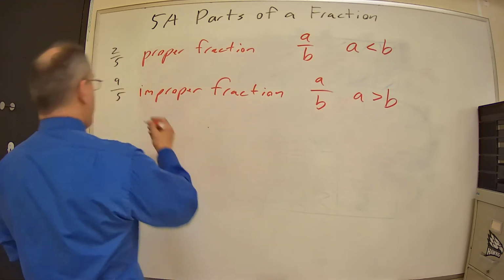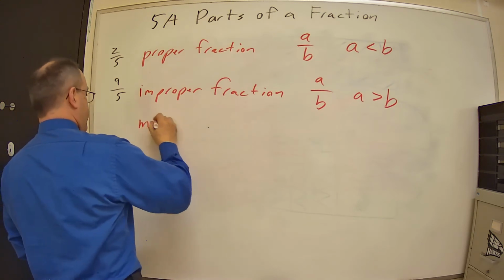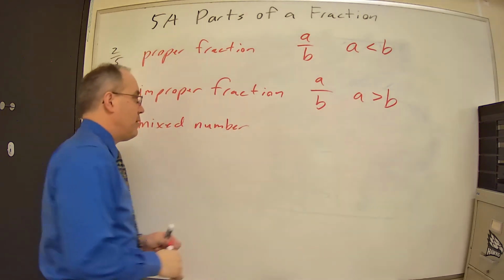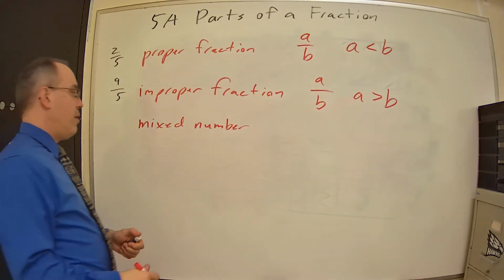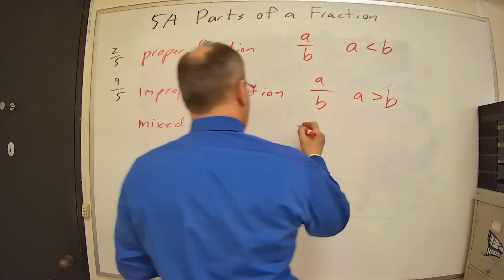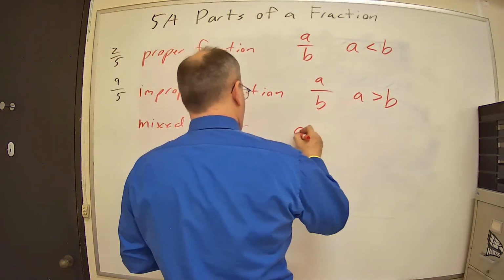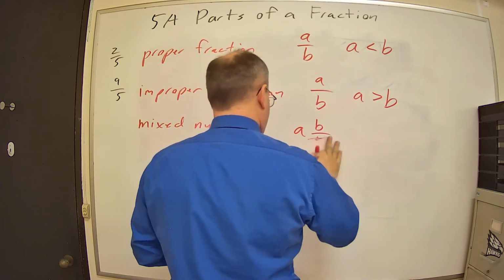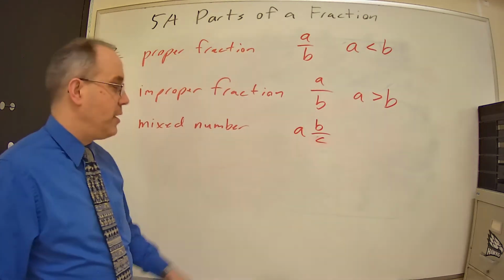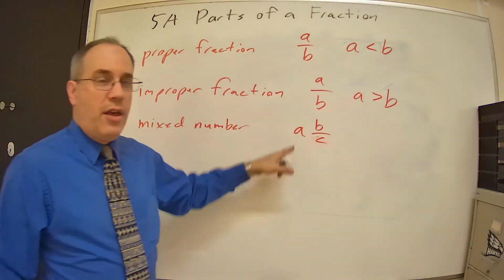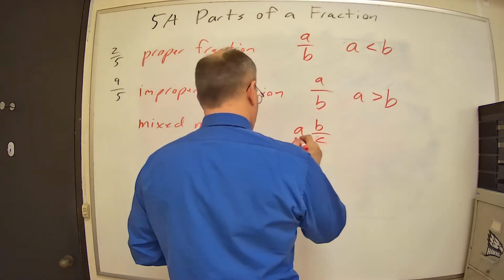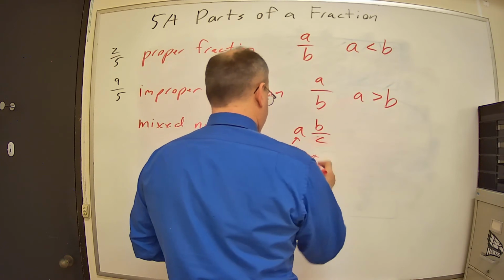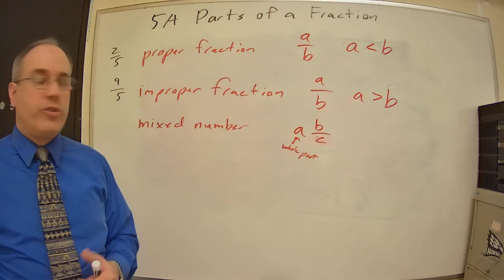The other thing we deal with is a mixed number. A mixed number is one that can be written in the form a b over c, where a is the whole part and b over c is the fractional part.